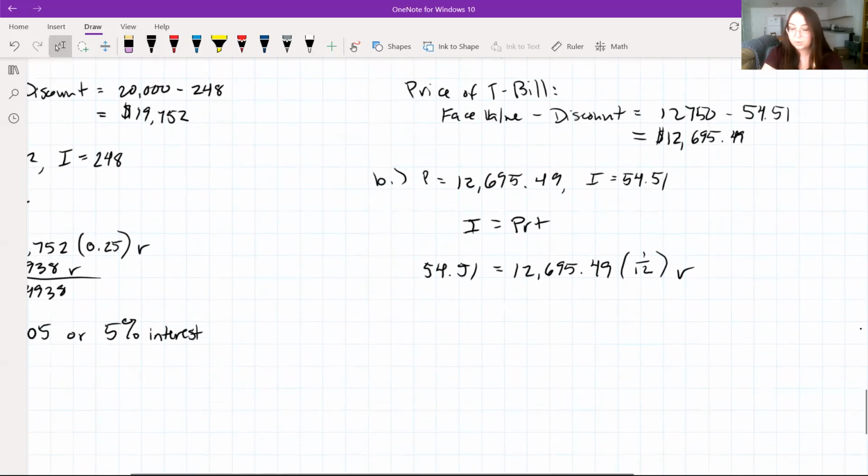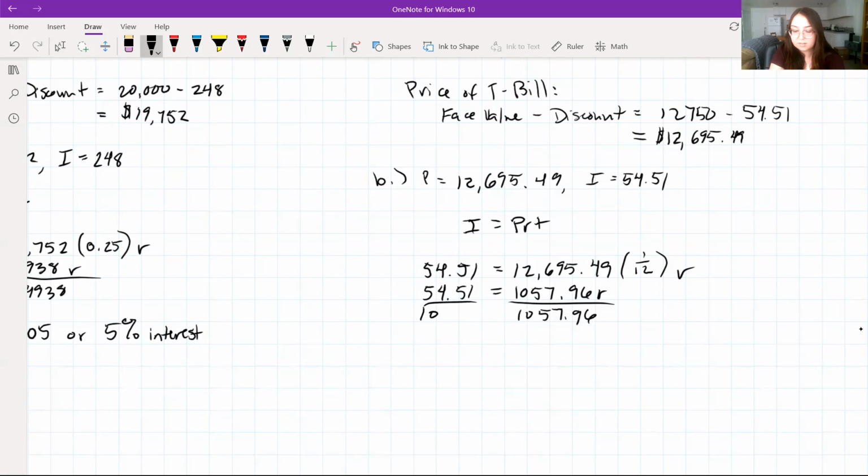So we multiply our principal times our time. That is going to give us, with our interest still at $54.51, $1,057.96 times our rate. So we're going to divide each side by $1,057.96.